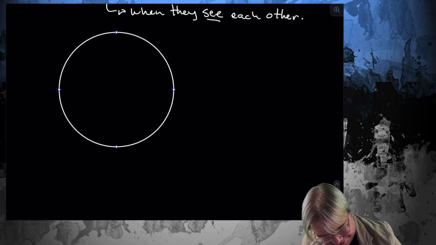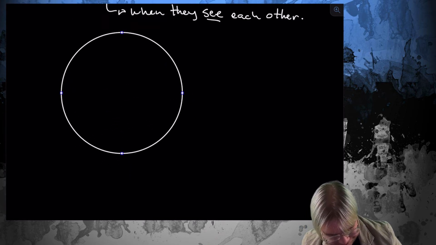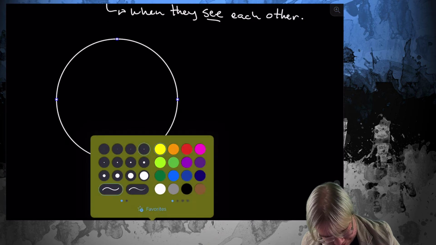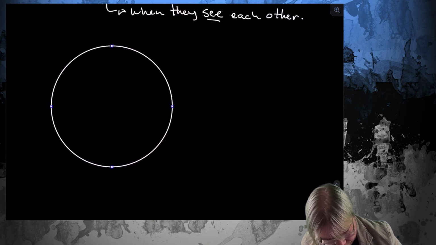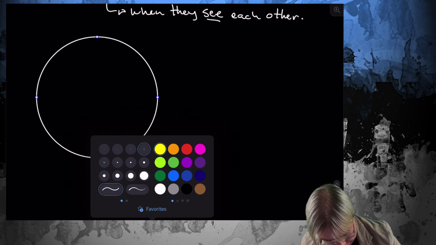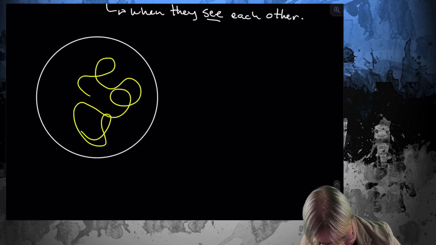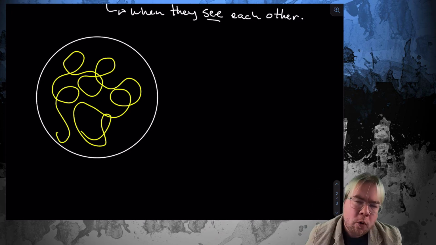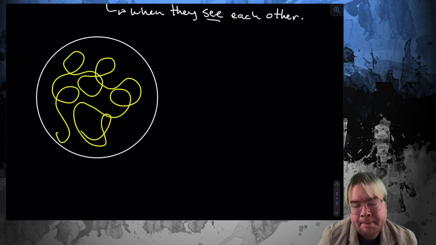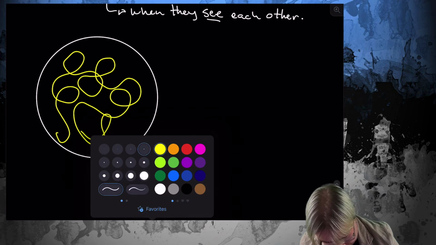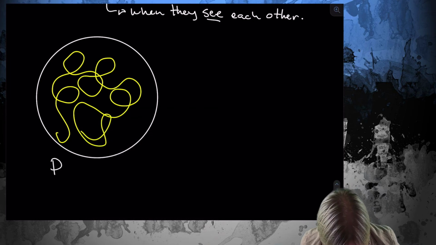That's pretty cool. All right, so here's the polymer chain. Let me draw it inside. Here's the actual polymer inside. So this is actually what's in solution. Why did I put a circle around it? Well, we're going to call this circle the pervaded volume.